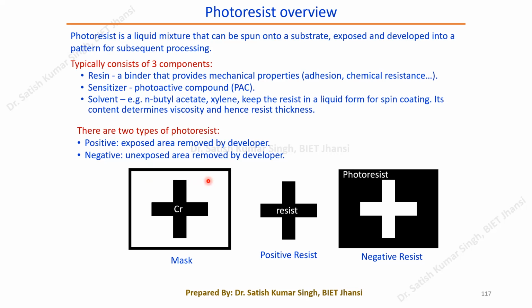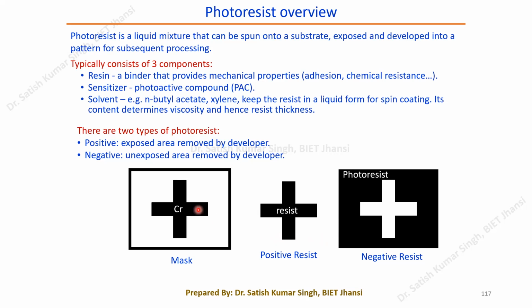After it is softened, we apply a developer, a chemical solution, and the layer that was exposed to the UV rays will be removed. The exposed area can be removed.